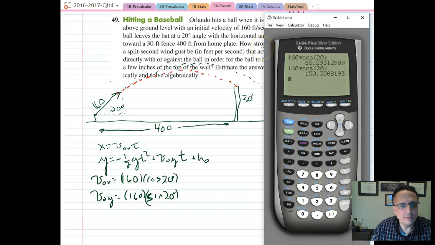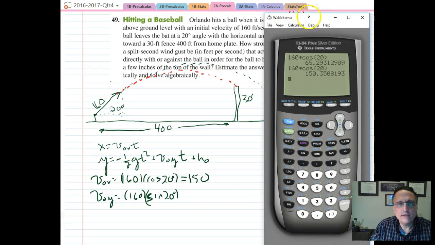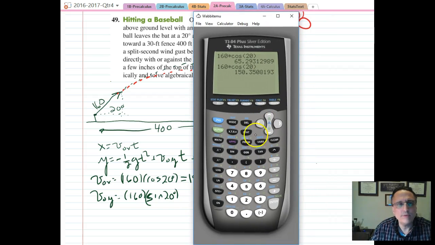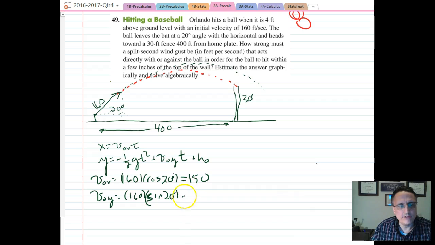So this is going to be 150 feet per second. And then we'll take 160 times sine of 20 degrees. 54.7, we'll round that to 55 just to keep things a little simple here.